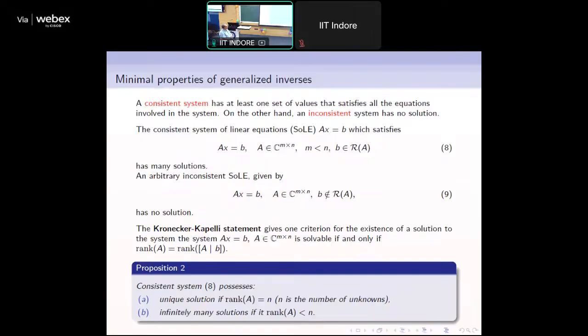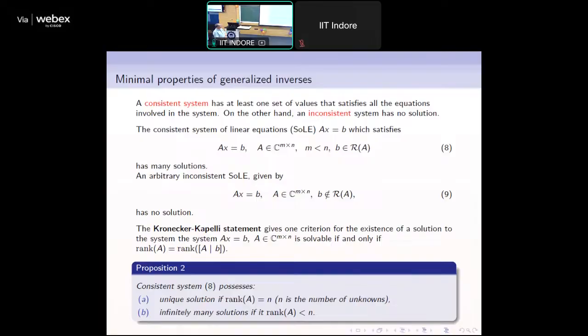We can consider the augmented matrix, a block matrix with the original matrix and the right-hand side. If the matrix A and the block matrix AB are of the same rank, then such a system is solvable.